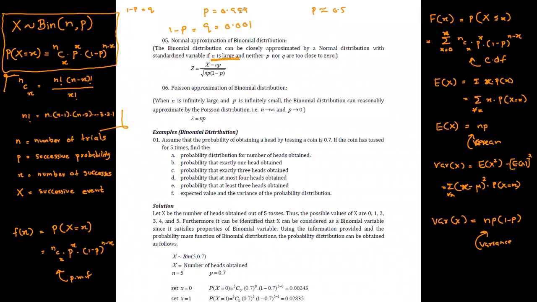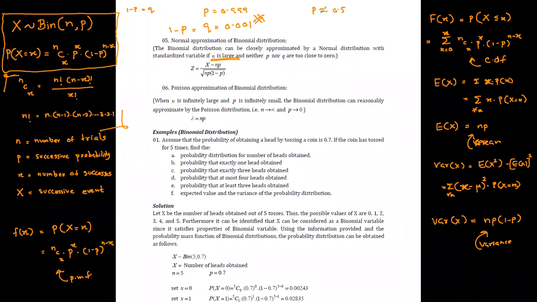It means that one value being very large makes the other value very close to 0. But for the normal approximation, neither P nor Q should be too close to 0. In these situations, you cannot model using the normal approximation.